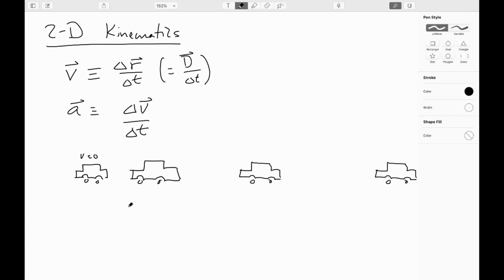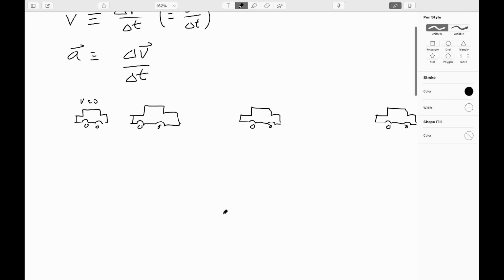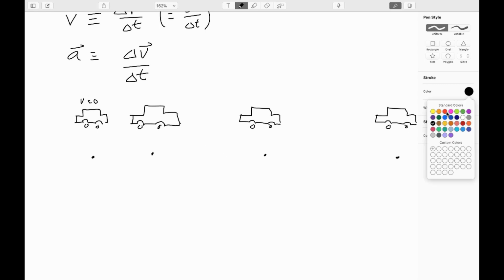So let's just take this all the way from the motion diagrams and see if we can figure out what the acceleration looks like. So our motion diagram is going to look something like this. My initial position here is just plain at the origin.